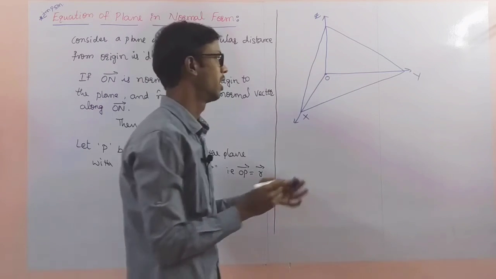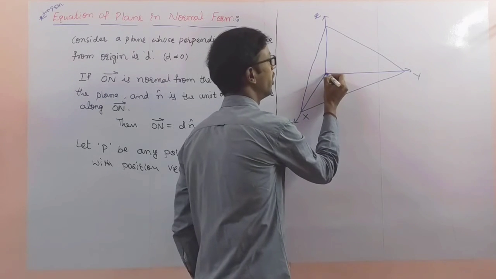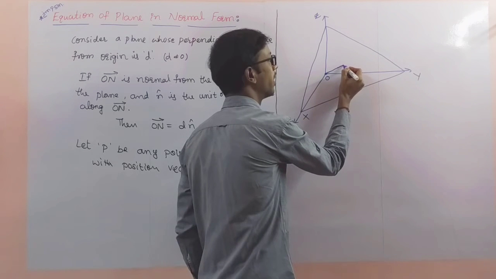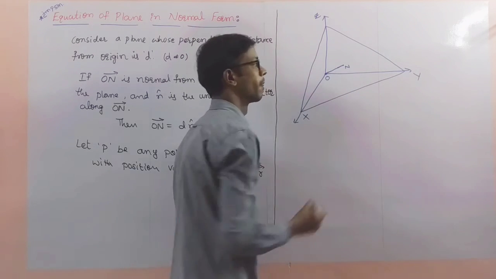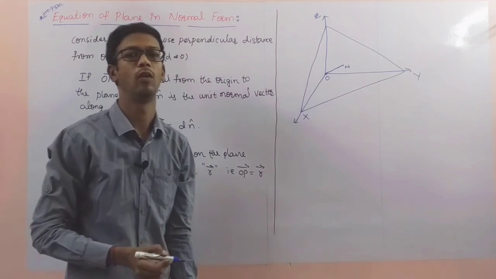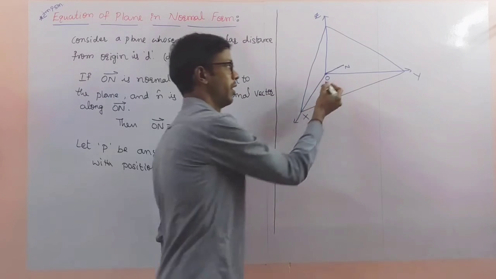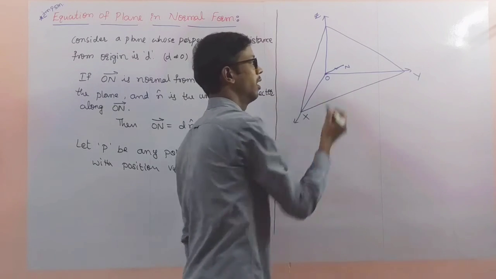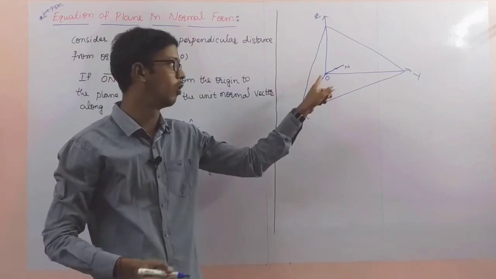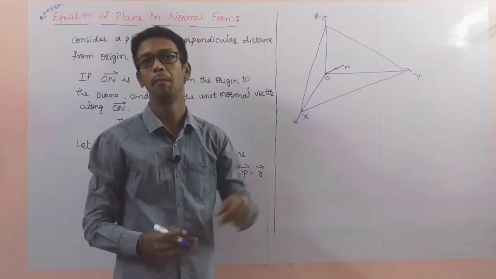This is the plane and the perpendicular line is shown like this. A line perpendicular to the plane: ON bar is perpendicular, otherwise normal. ON bar is normal to the plane.